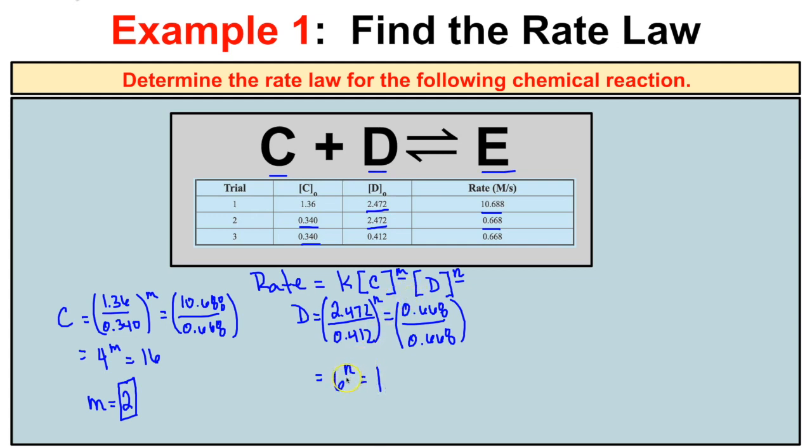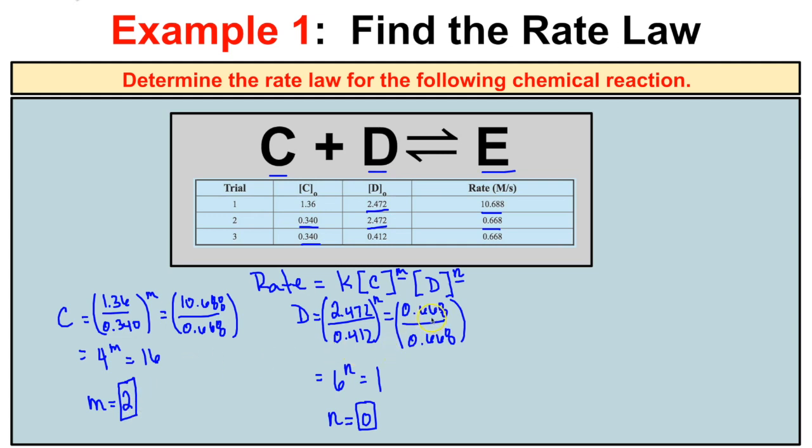And so if you remember, anything to the power of 0 equals 1, so N here is going to be 0. So in respect to reactant D, we have a 0 order reactant, and in respect to reactant C, it is going to be second order.